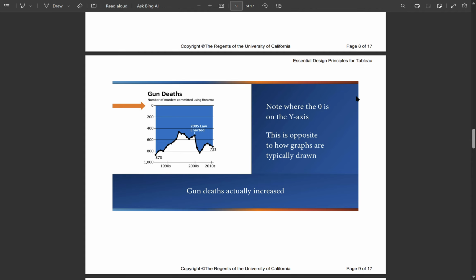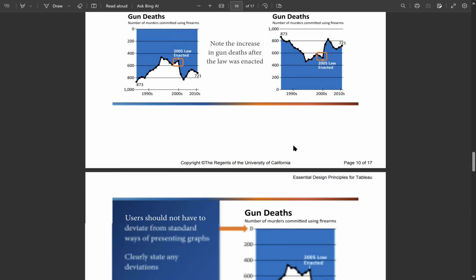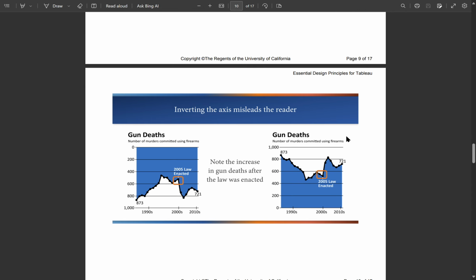The orientation has been reversed, and that's not usually the way graphs are created. Usually graphs are created where 0 is at the bottom of the y-axis and 1000 is at the top. But what we see is that this graph has an inverted axis and is very misleading.